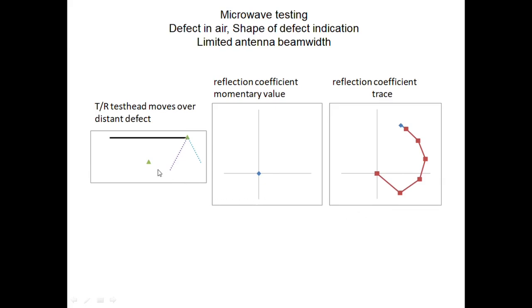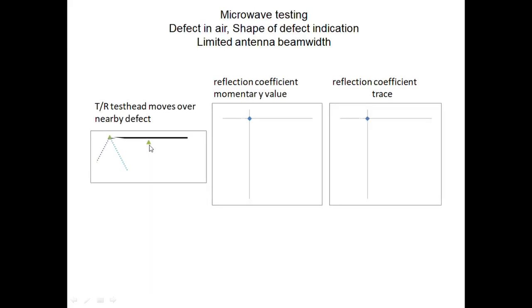Well, this here is a situation where there is a significant distance between the line where the test head moved and the defect. We can also consider the situation where the defect is more near to this line, and that we will do in the next series.